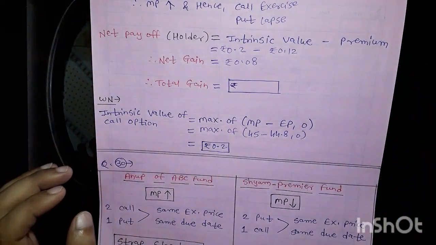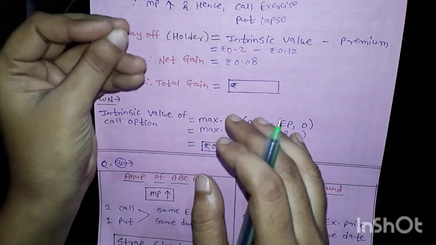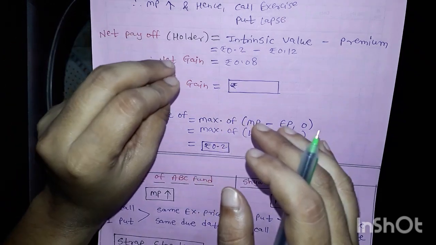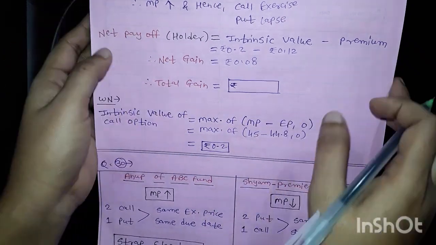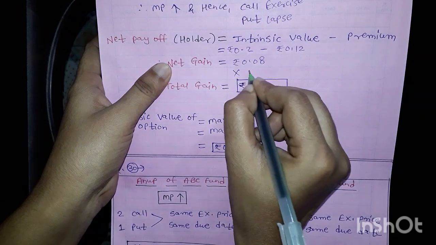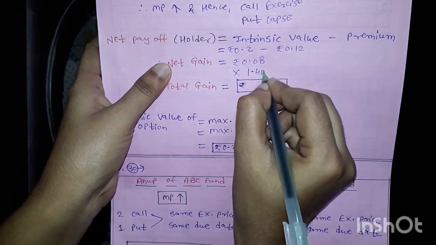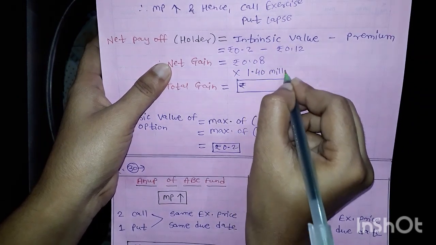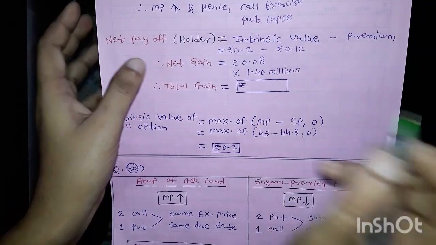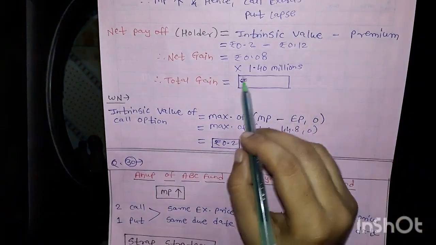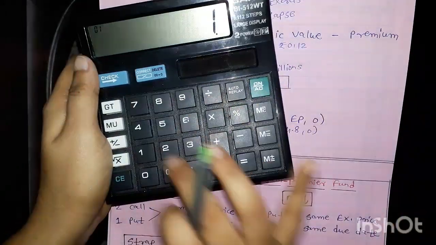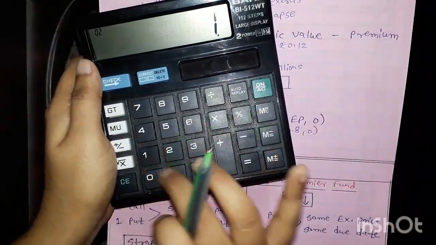After that we have to multiply by the number of units, that is 1.40 million. See, 1.40 million means 1.40 multiplied by million, meaning 10 lakh, right?